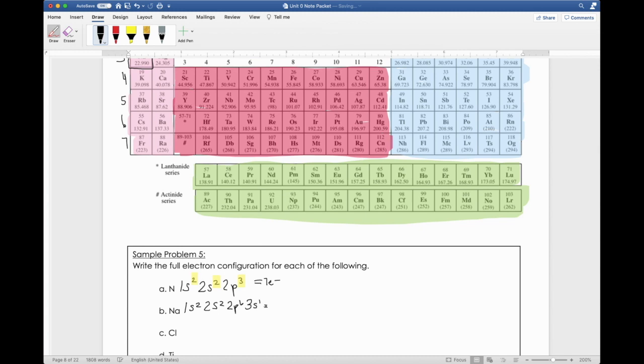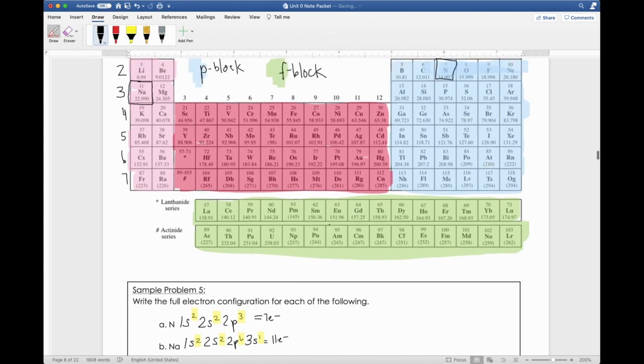And again, you can count up all of those superscripts. So 2 plus 2 is 4, plus 6 gives you 10, plus that last one there gives you a total of 11 electrons. And sodium's atomic number is in fact 11. And because it's neutral, we'll assume that the protons and electrons are the same. So that works out. Let's try chlorine next.